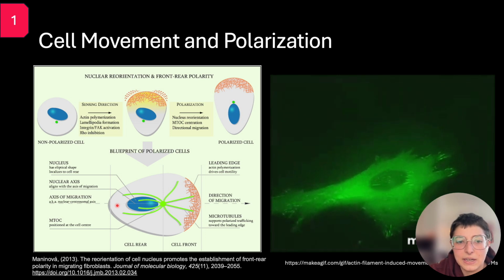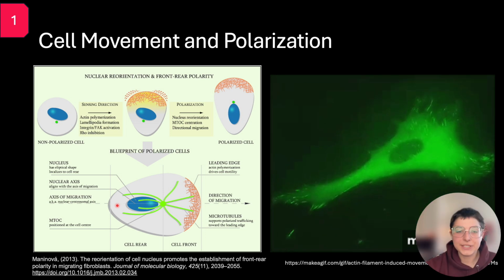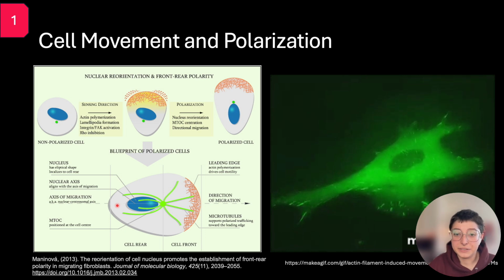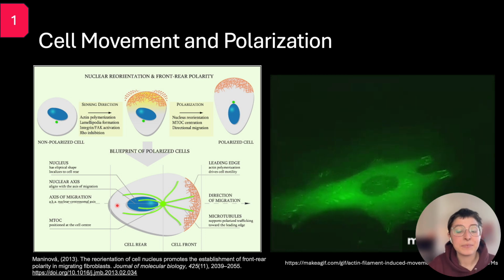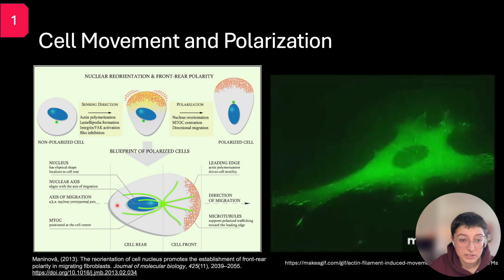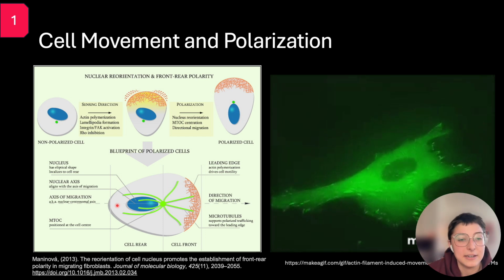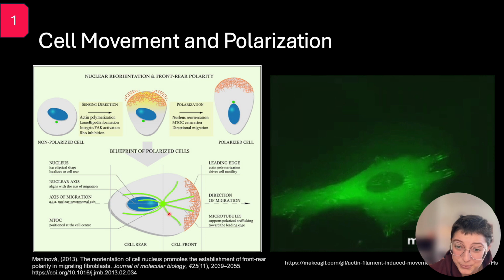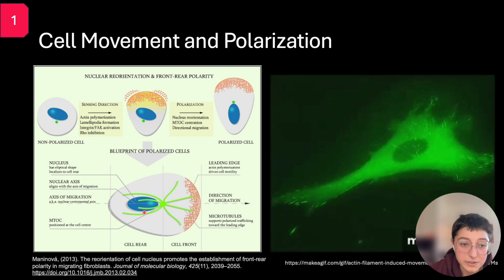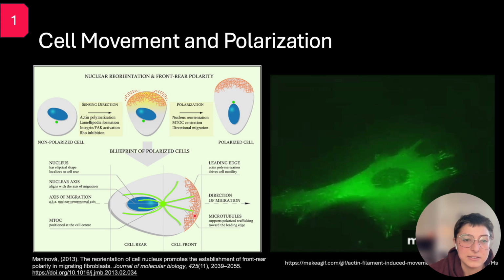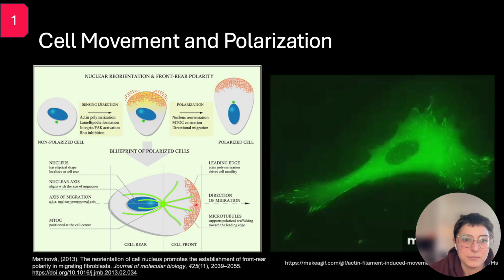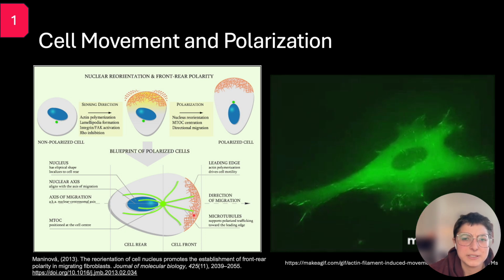And for this polarization, or asymmetric organization in the cell, this is super important. We have the nucleus at the rear, and then we have protrusions.